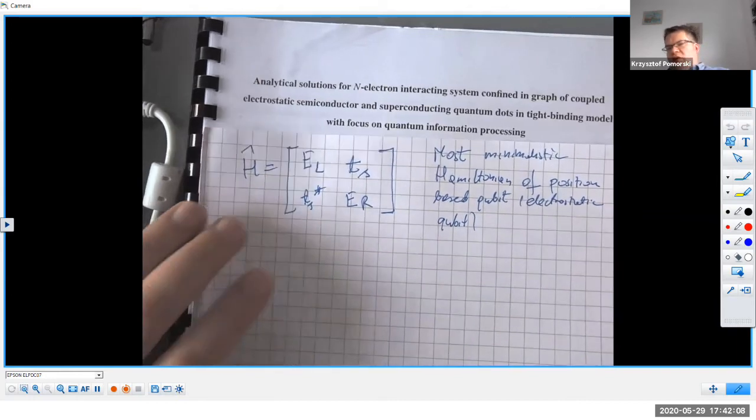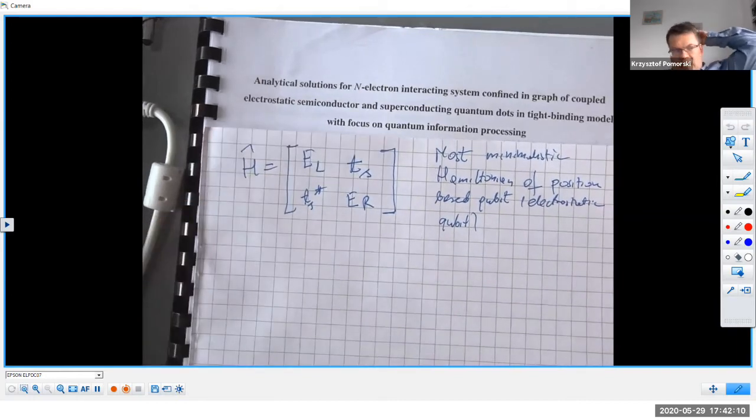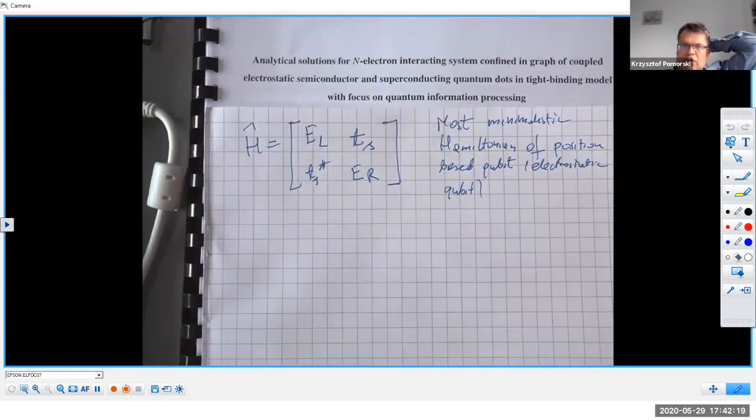It's almost 100 pages, but I am making this approach even longer, and everything is analytical, so it's quite beautiful. I'm doing everything tight-binding, but there is also the possibility of doing this with the usage of the Schrödinger equation.